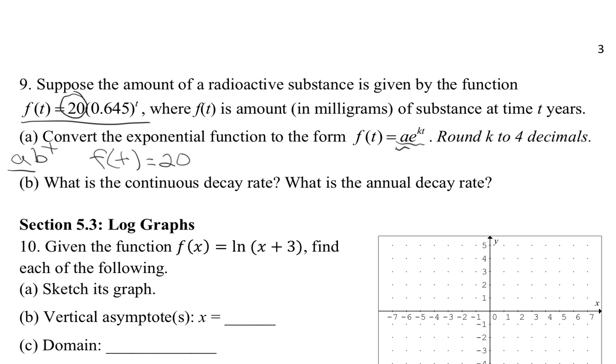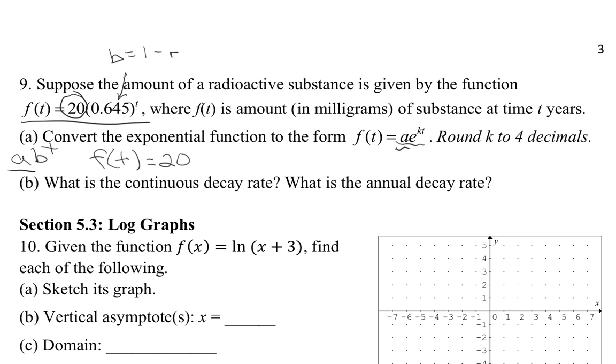Okay? And so let's look at what this 0.645 represents. This is b equals 1 minus r, right? It's 1 minus r because it's less than 1 and we know it's a decay function. So the main difference between the form we were given f of t in and what we need to change it to is that instead of b to the t, we have e to the kt.